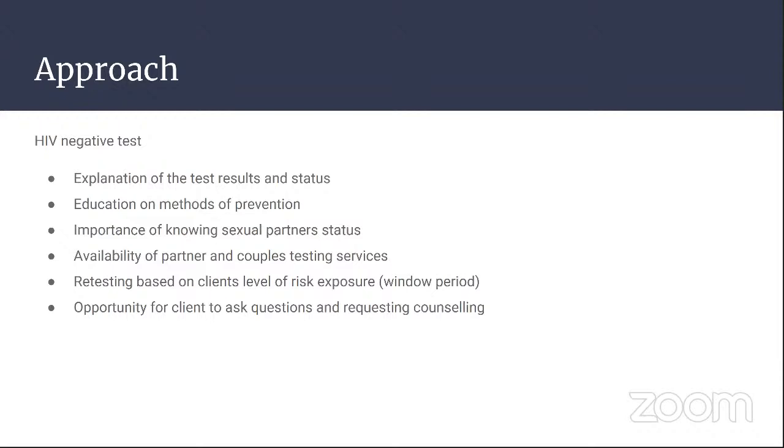And then we educate the patients on methods of prevention, the importance of knowing sexual partners' status, and availability of partner and couples testing services. And also retesting based on clients' level of risk exposure, that is in regard to the window period. And also the opportunity for clients to ask questions and request counseling.